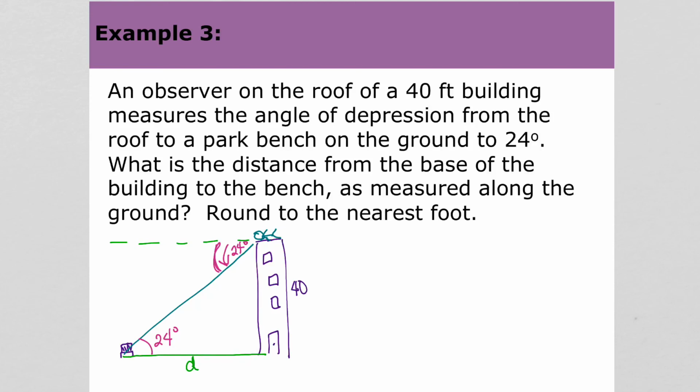So we can use tangent to help us find the distance from the building to the park bench. So tangent of 24 degrees is opposite over adjacent. Multiply by D. And to get D by itself, we need to divide by tangent of 24.